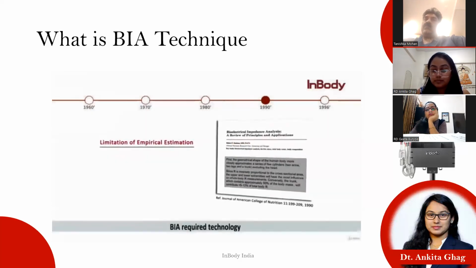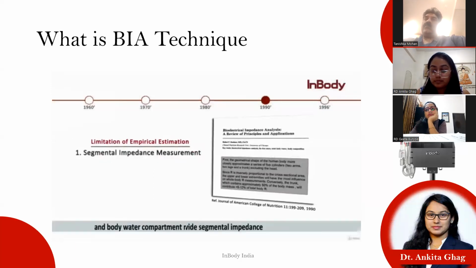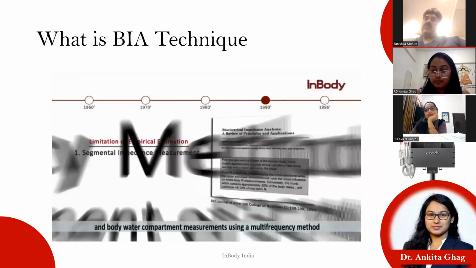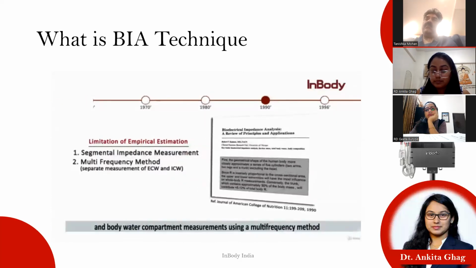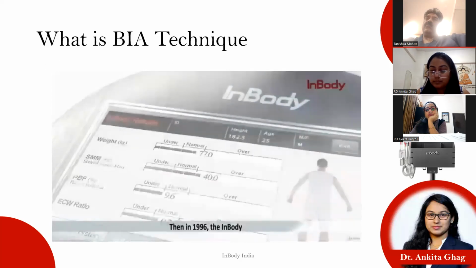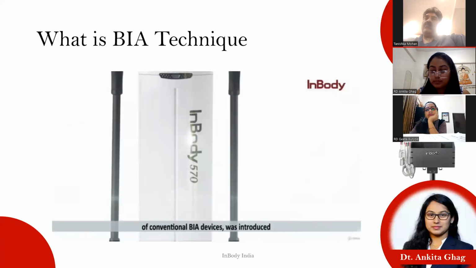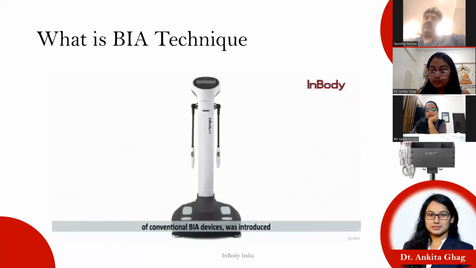BIA required technology that can provide segmental impedance and body water compartment measurements using a multi-frequency method. Then in 1996, the InBody, a body composition analyzer that took into account the limitations of conventional BIA devices, was introduced.